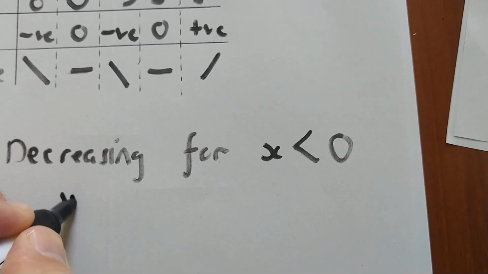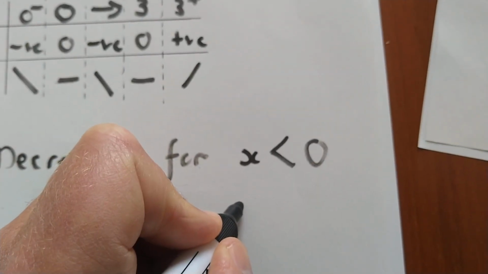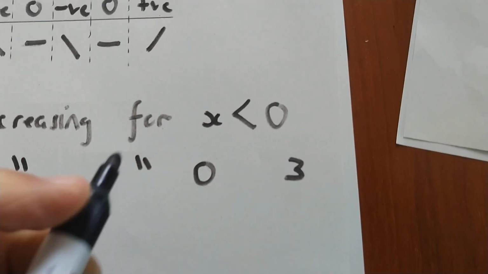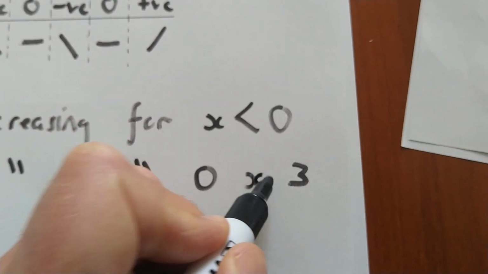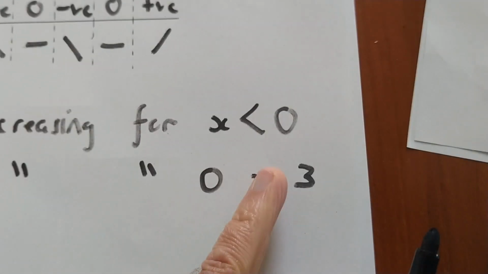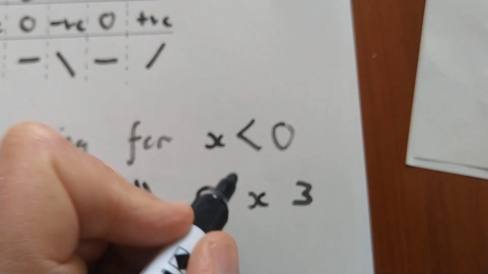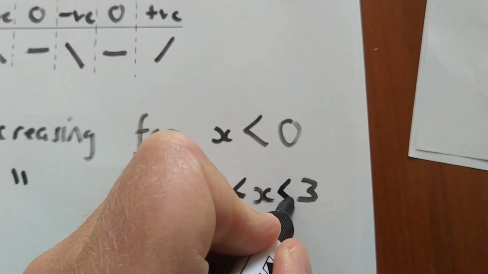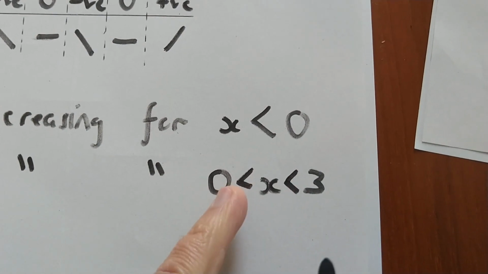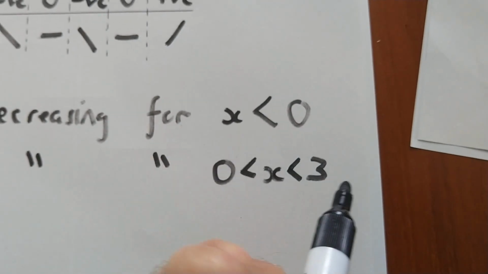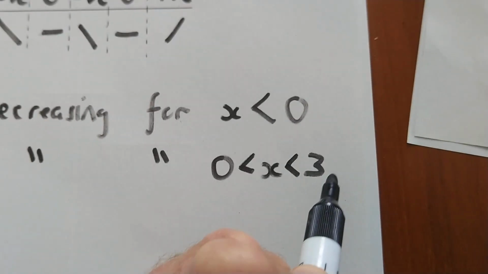So if I write it in between, if I'm not sure of my signs and so on, I'm going to write x is in between 0 and 3. I write the smaller one first. Now, if I cover up the x, I've got 0 is less than 3. Because people sometimes get a mixture of signs in here. That means if 0 is less than 3, I'm going to use the less than sign all the way through. So this reads 0 less than x less than 3, but it just means x is in between 0 and 3.